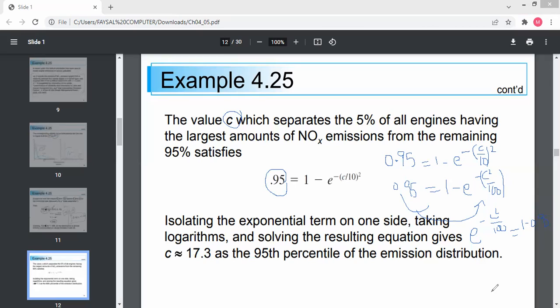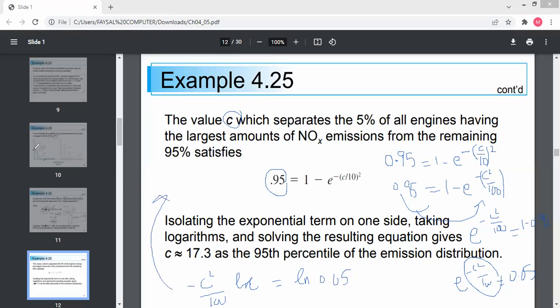So it will be e to the negative c square divided by 100 equals 0.05. Now taking the natural log on both sides, so it will be minus c square upon 100 ln e, which equals ln 0.05.